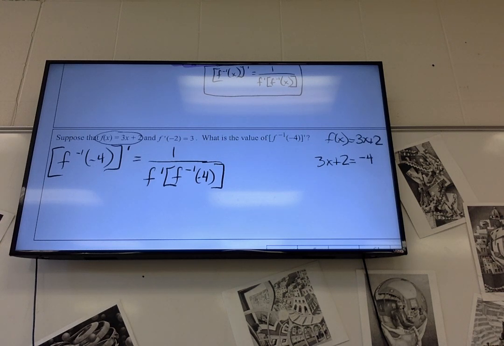I'm just going to solve for x right now. Follow me, and then if we're confused at the end, we'll fix it. So x is negative 2. So that's the point, negative 2, negative 4, right? So F inverse of negative 4 is negative 2.